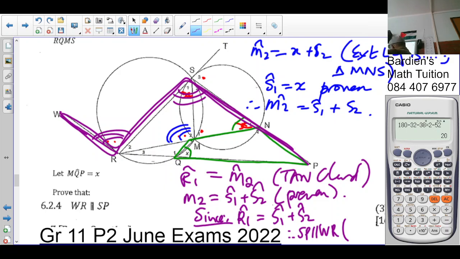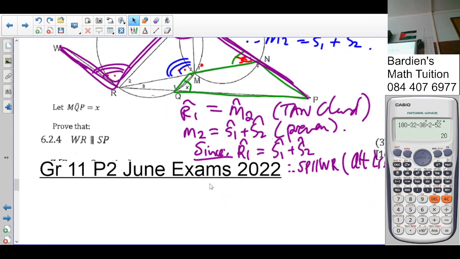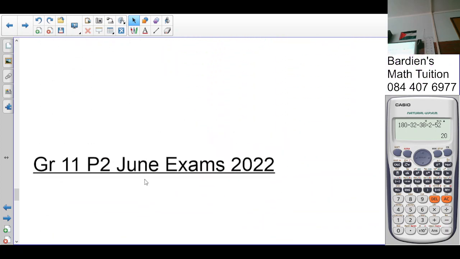Why? Because the alternate angles are equal. That's basically the converse of alternate angles.